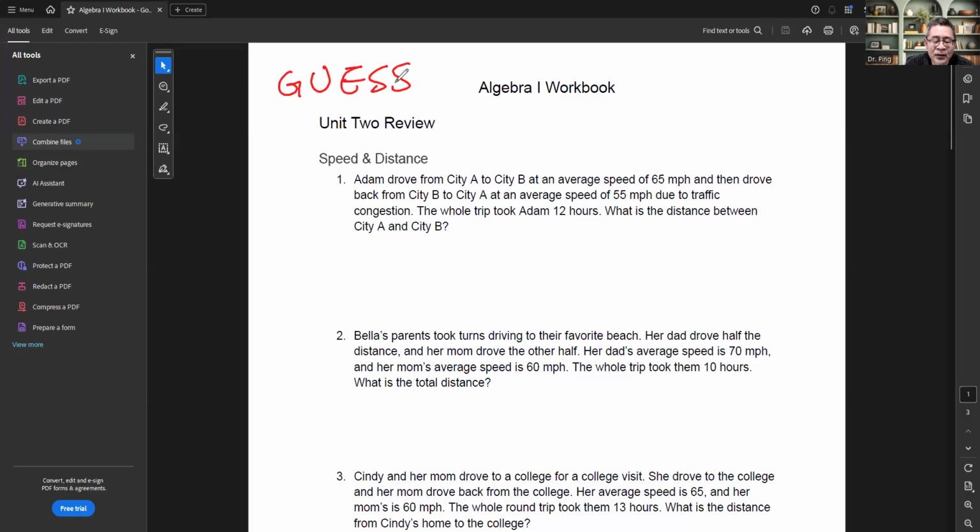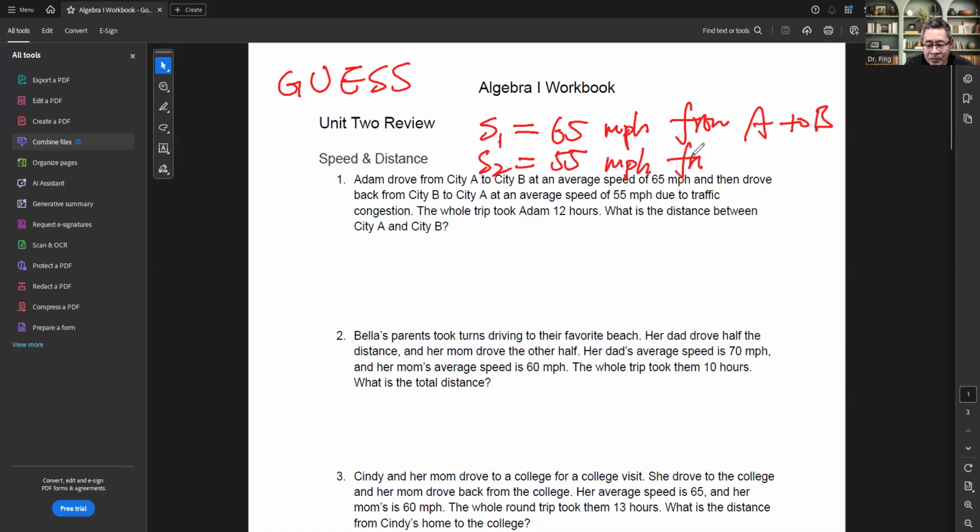Okay, so the G part, we know the speed, let's call that S1, is equal to 65 miles per hour from A to B. And we know S2 is 55 miles per hour from B to A. And then the total time, let's call that capital T, is 12 hours.